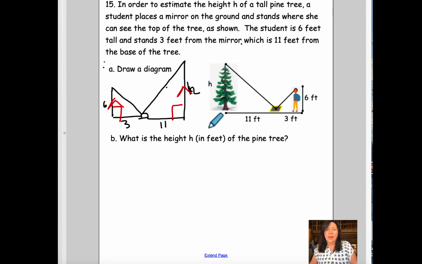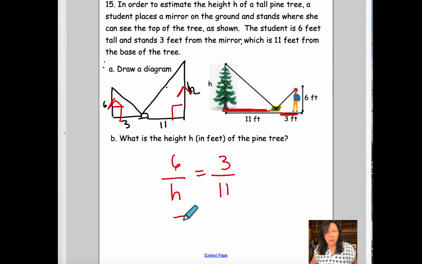So now, how do I find the height of the tree? You can go large to small or small to large. We're going to go base to base, small to large. 6 is to H as small 3 is to 11.